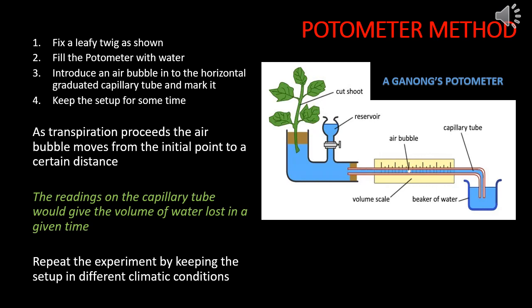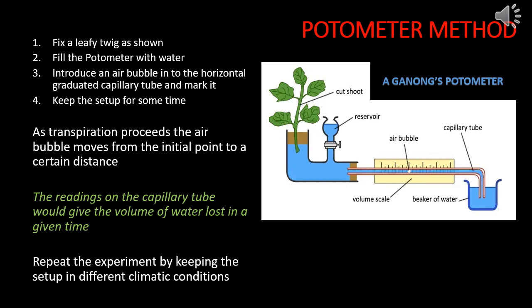Fix a leafy tube as shown in the diagram. Fill the potometer with water. Introduce an air bubble into the horizontal graduated capillary tube and mark it. Keep the setup for some time. The leafy tube absorbs water from the beaker and transpires it out.